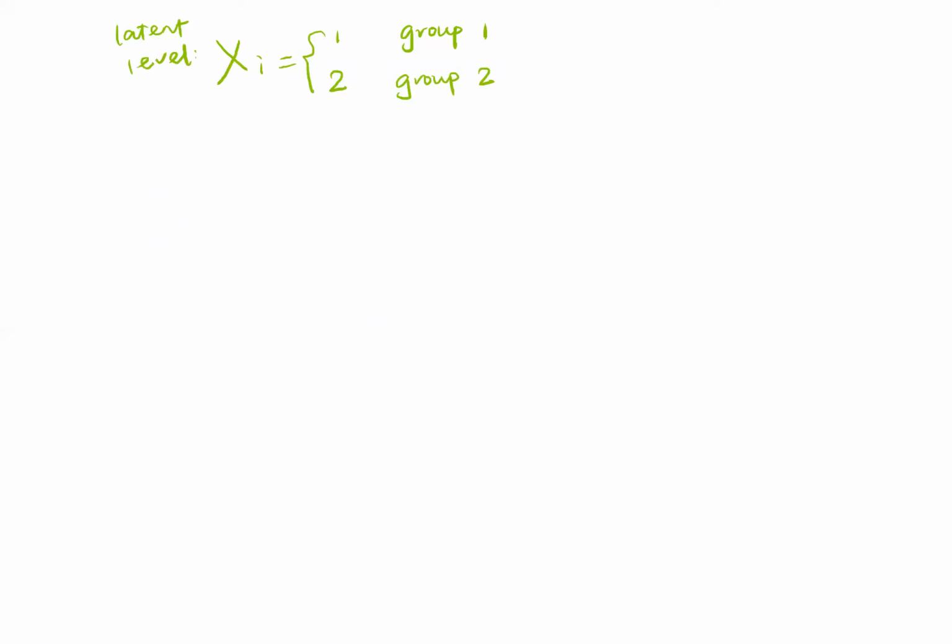Once you know which group it's going to go into, the data is going to be yi, that's the observation, that's what they use in the notation. Given the group assignment, say if it's 1, then it's going to be a normal with mean theta 1 and variance sigma 1 squared.